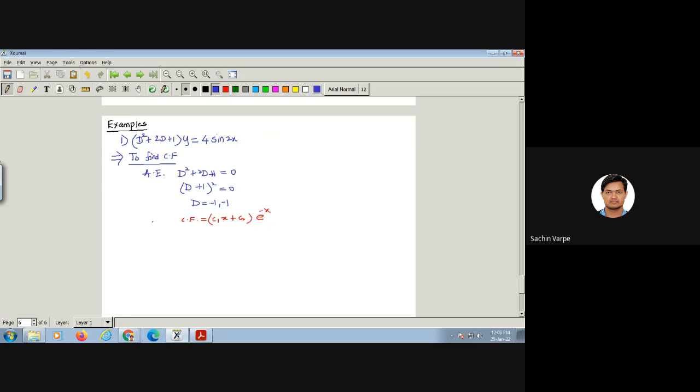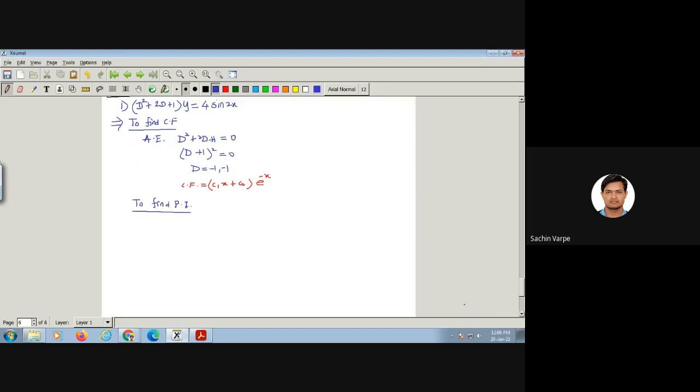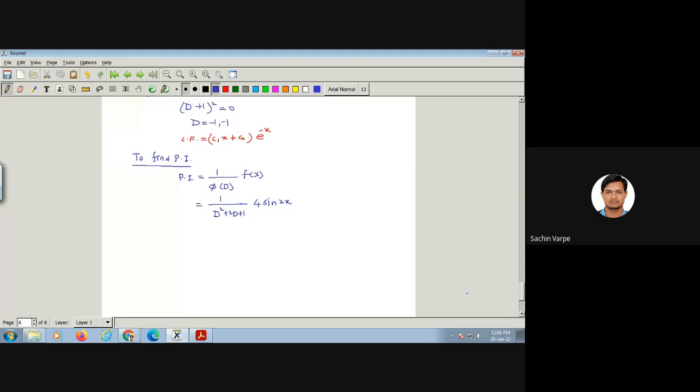Right? To find particular integral PI, we write the formula first. PI क्या होता है? PI is 1 upon phi of D f of x. So let us write phi of D. What is phi of D here? Phi of D is D square plus 2D plus 1 and f of x is 4 sine 2x. ठीक है.